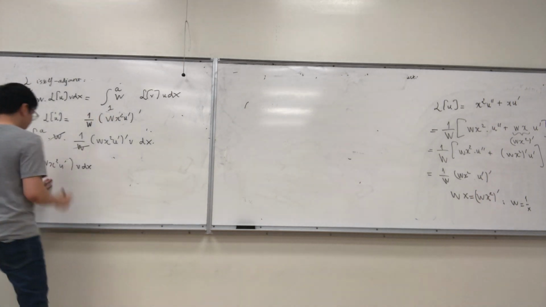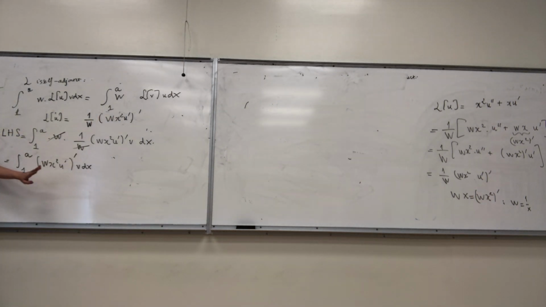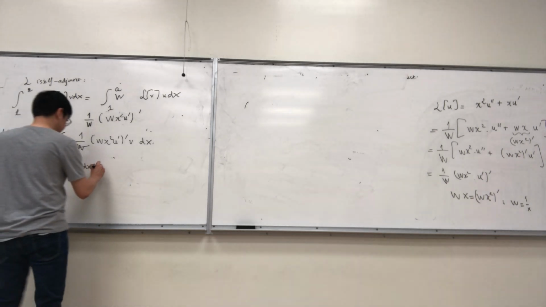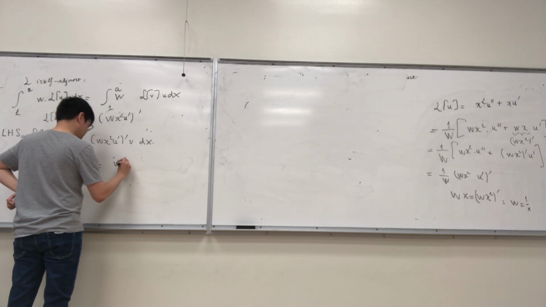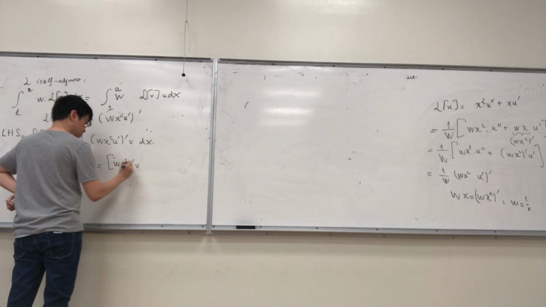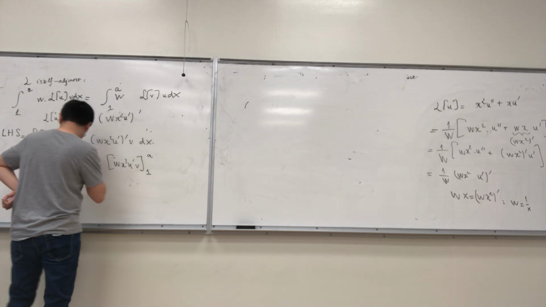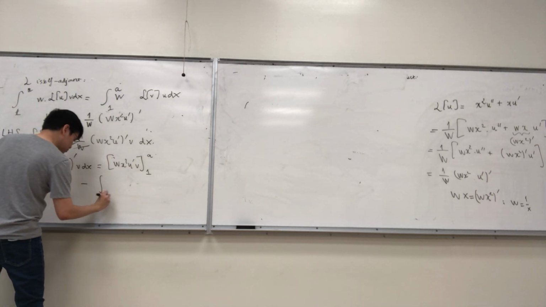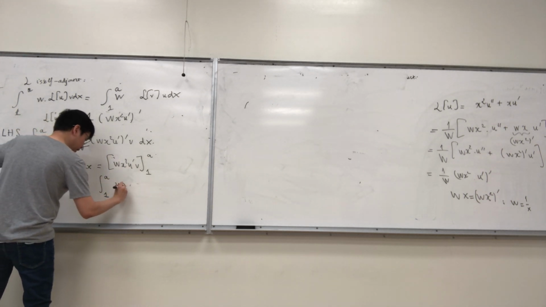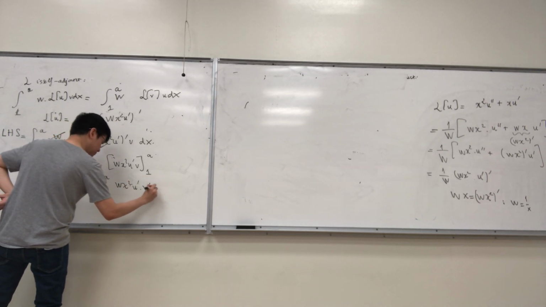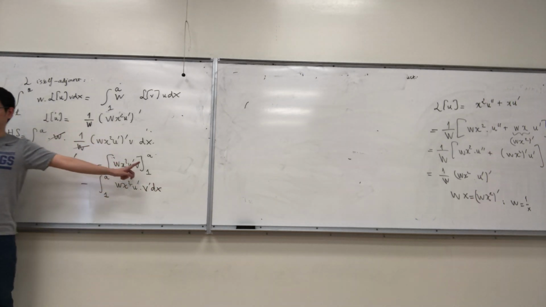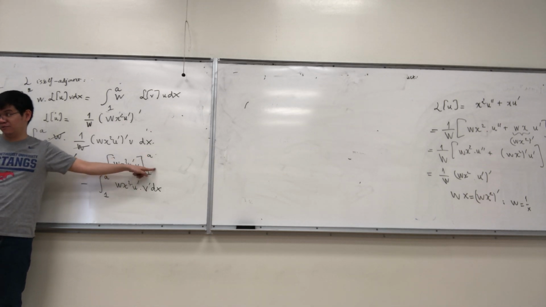Now, how do I continue? Integration by parts. So now you do integration by parts, and this gives you w x squared u prime v, the difference from 1 to a, minus the integral from 1 to a of w x squared u prime v prime dx. This boundary term is 0 because v at 1 and a are both 0.